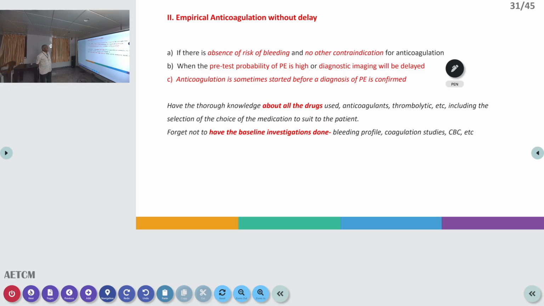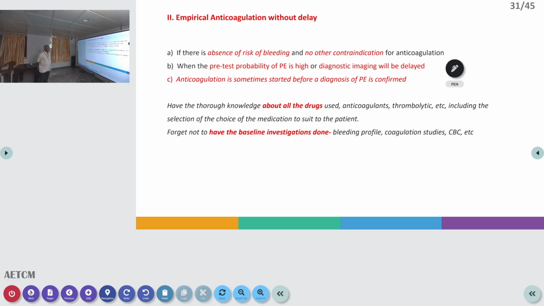Okay. Then the empirical anticoagulation. This is an empirical anticoagulation. The earliest it has to be administered. So if there is absence of any risk of bleeding, there is no other contraindication for the anticoagulation, then it should be administered. And it also goes with the pre-test probability of pulmonary embolism that is high, or the diagnostic imaging is unduly delayed.